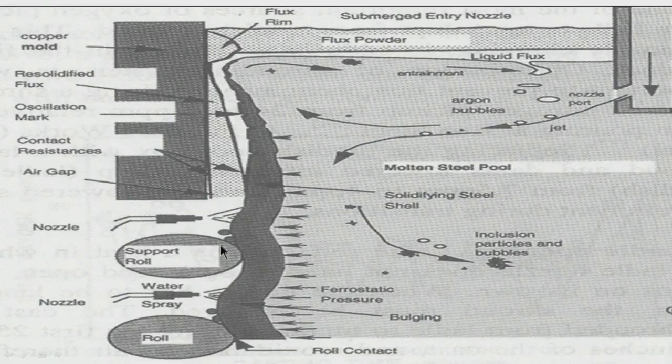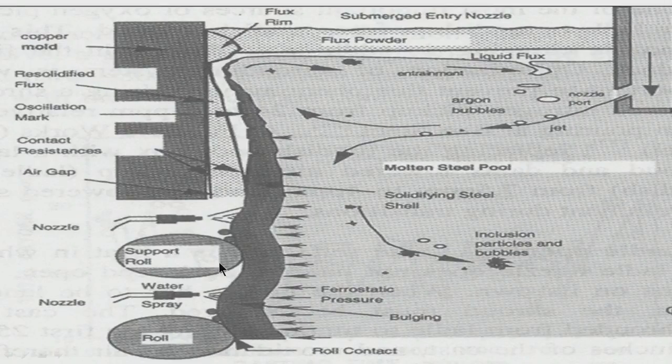When you are coming out of the mold, below the mold, there have to be some support rolls which will act as a support to the thin solid shell. The solid shell is increasing in thickness. At this height, still there is not much solid shell. The thickness is not much, so there has to be some support. This support is given by the rolls, moving rolls.